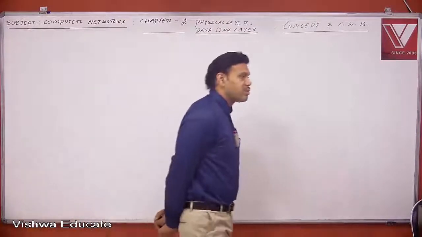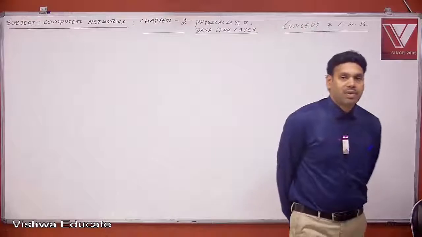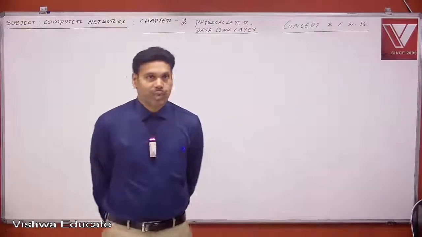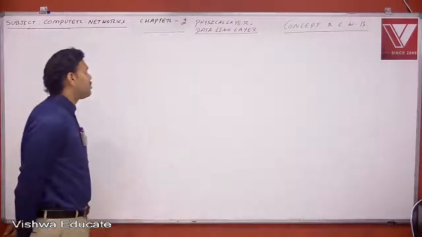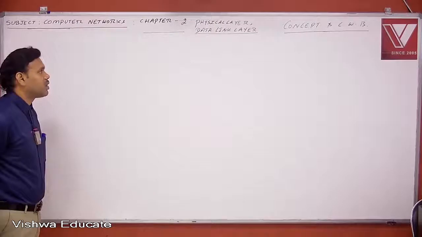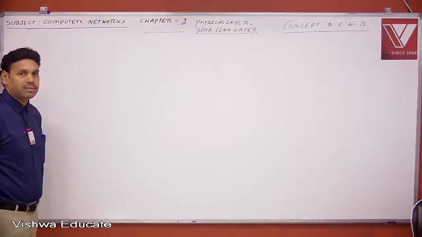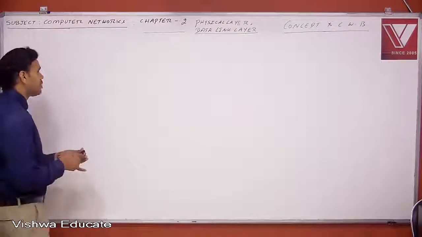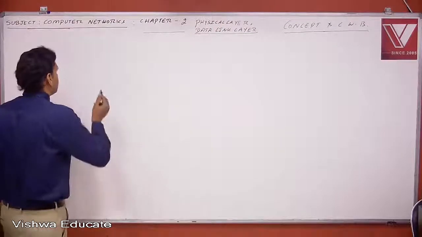We will discuss concepts for some time, then afterwards, as usual, we do classroom workbooks. First I will discuss the physical layer, then we will see the concepts of the data link layer. Okay friends?